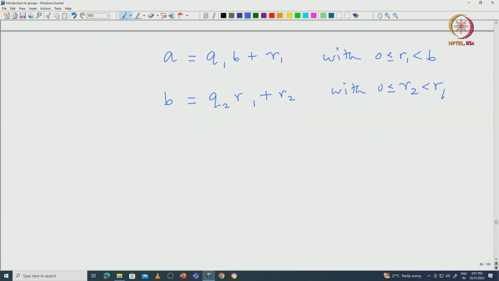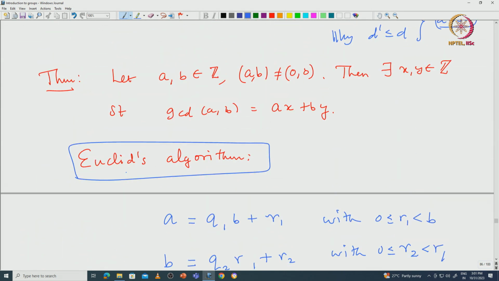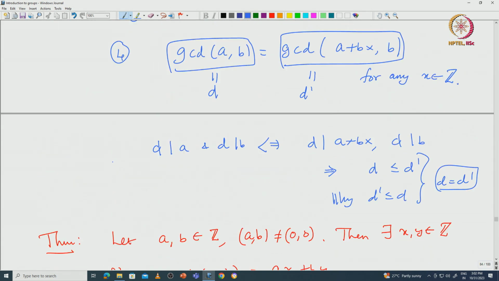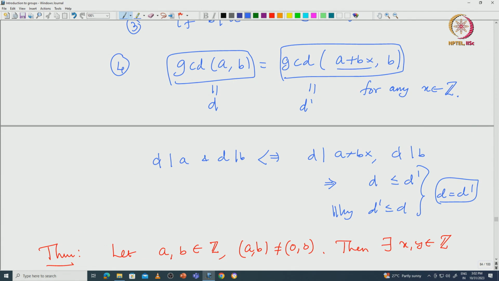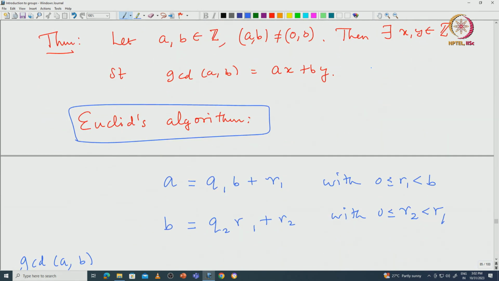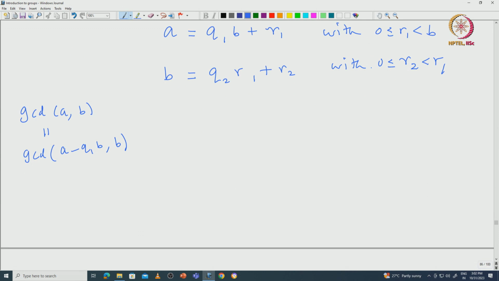Now note that the GCD of A comma B is the same as GCD of A minus Q1 B comma B, because I can take any combination here. This is what the last property says: I can take any A plus Bx and still not change the GCD. That means GCD of A comma B is the same as GCD of B comma R1.